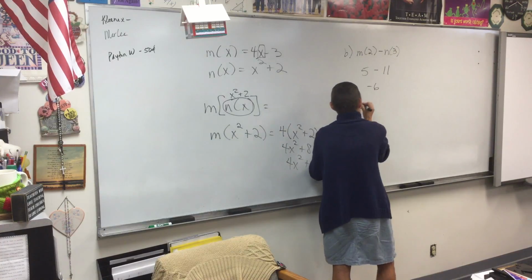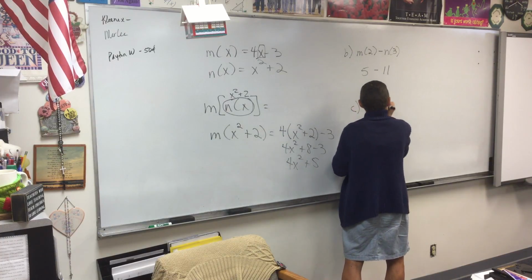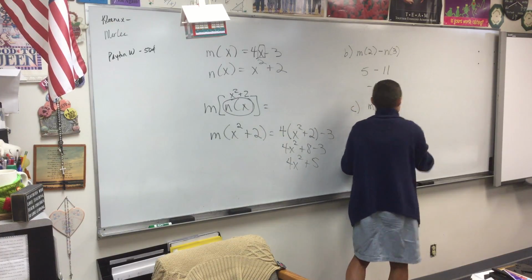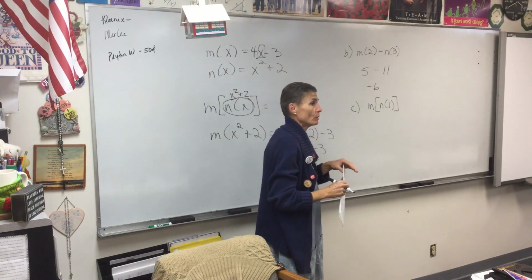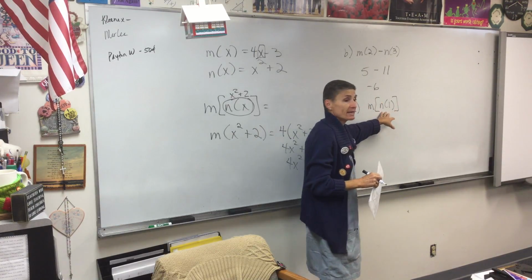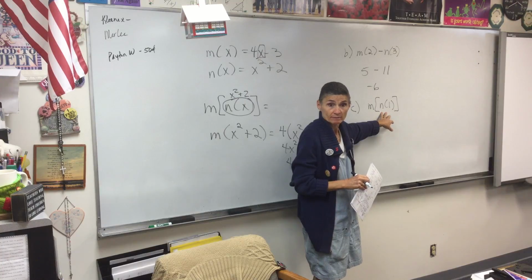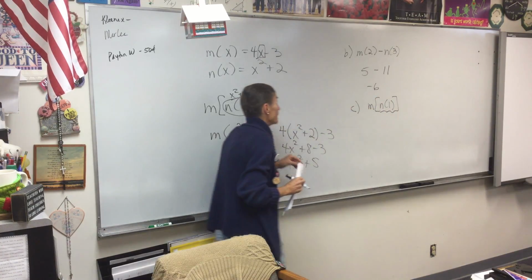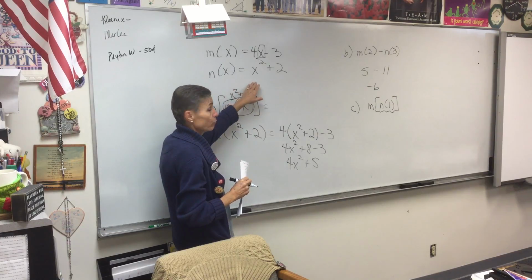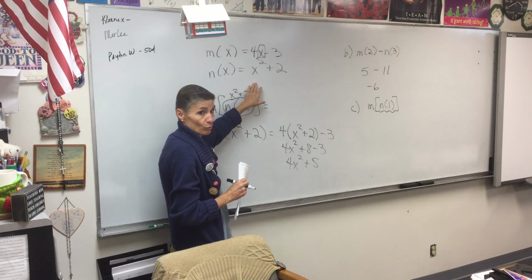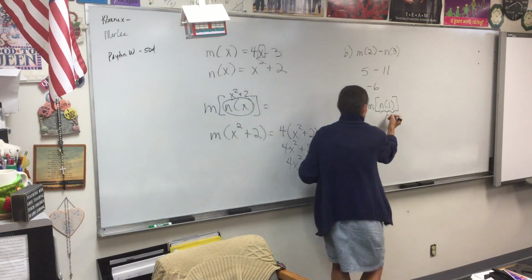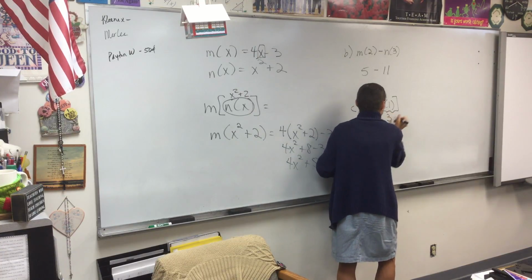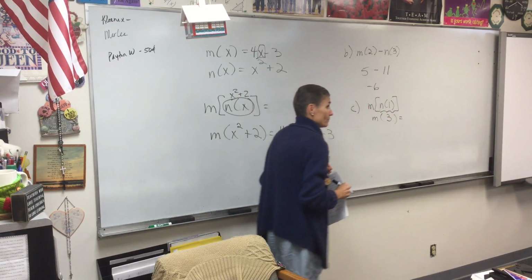C. This was on the quiz too. Nobody asked about it, but this was on the quiz. This says find n of 1. We always start here first. Find n of 1. All right, what's n of 1? 3. So this is 3. So we're finding m of 3 now.